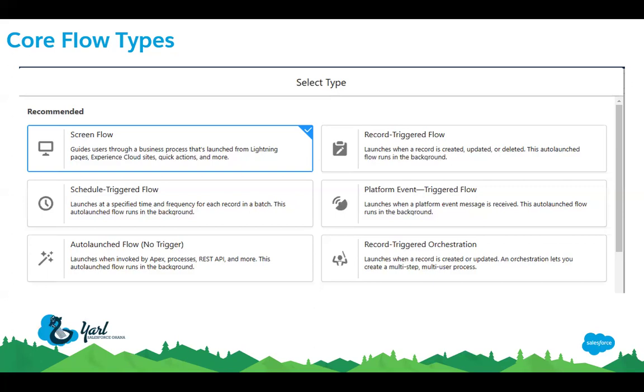Let's say you want to send an email when you are creating a new record. It's a valid scenario, right? So whenever a record is created, you want to send a welcome email, for example. For that, you can use record triggered flow. So whenever an account is created, you can send an email. Those kinds of scenarios, you can use record triggered flow, right?